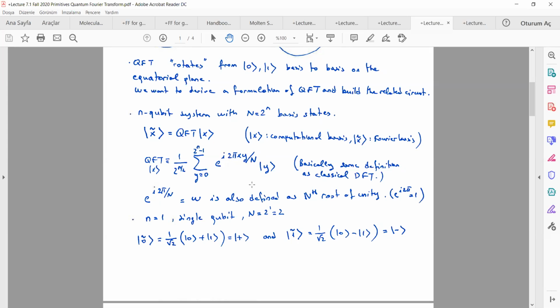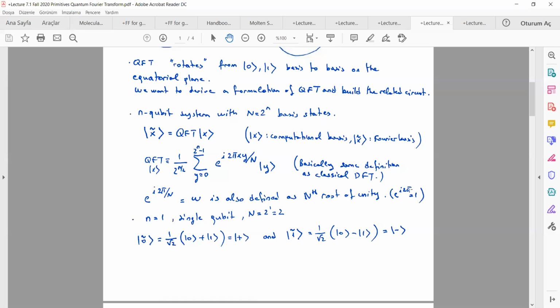This is a similar situation, and we denote this factor, e to the i 2 pi over n, as w for shorthand, and this is also defined as the nth root of unity. Why is it the nth root of unity? Because if we consider e to the i 2 pi equals 1.